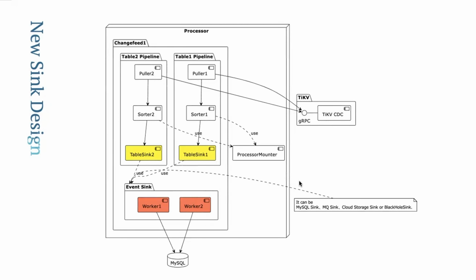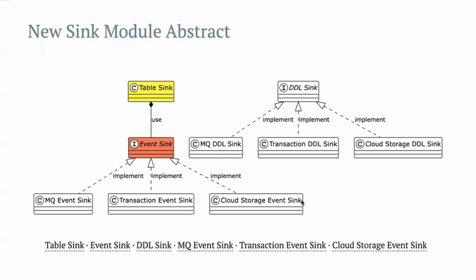So let's check out the interface to see how we implement this design. First, the table sync uses the event sync to write row change events to the TiCDC system, so only one direction. Second, the event sync is an interface that has multiple implementations.